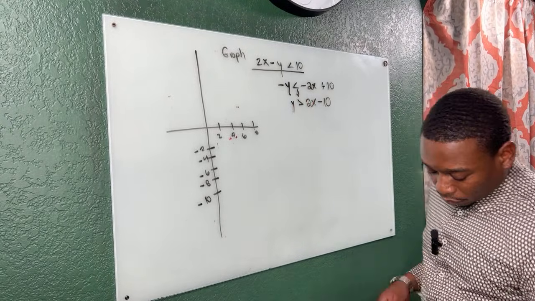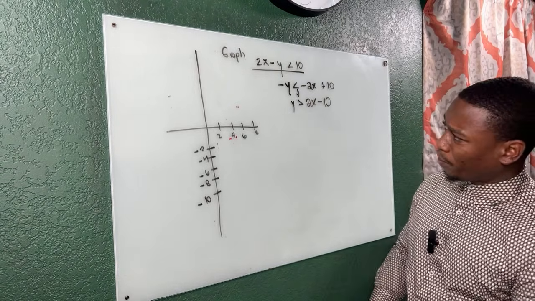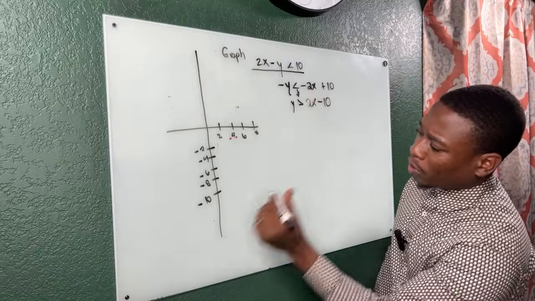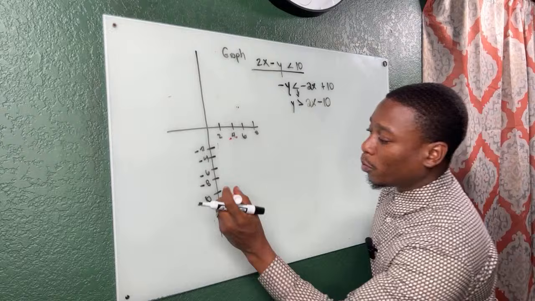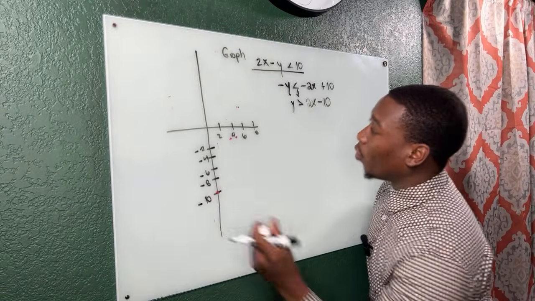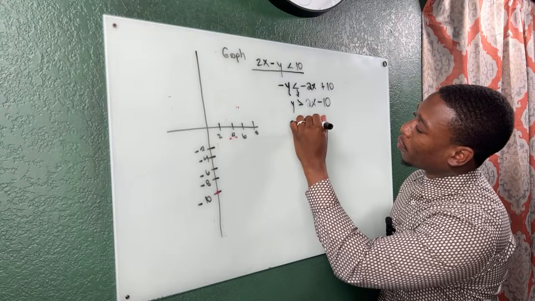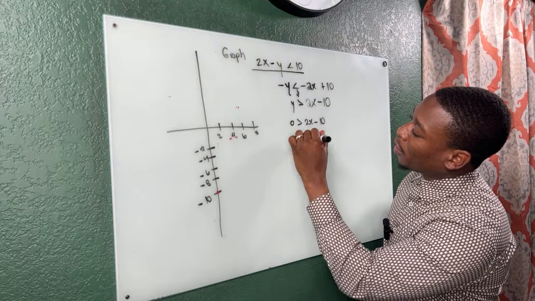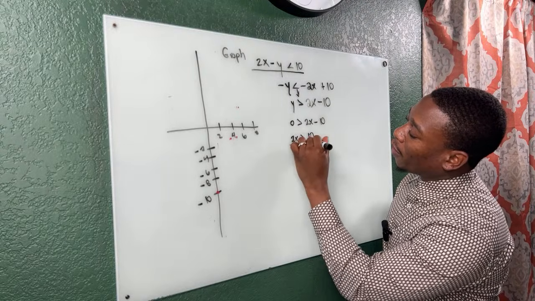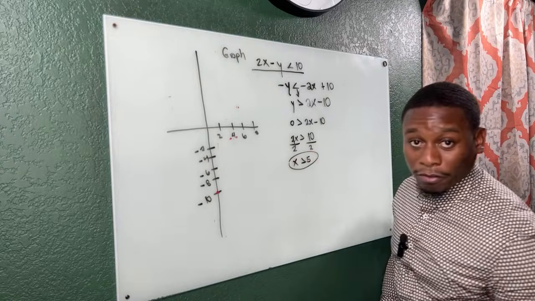Okay. So real quick, when x is 0, we know y is going to be 10, right? Simple substitution. And when y is 0, we know that 2x is greater than 10. And once we divide, we know x is greater than 5, right?